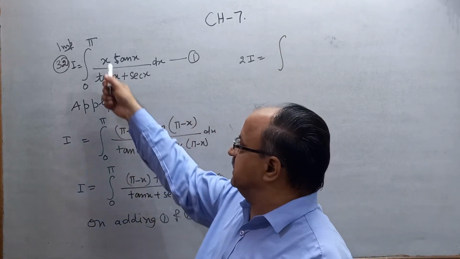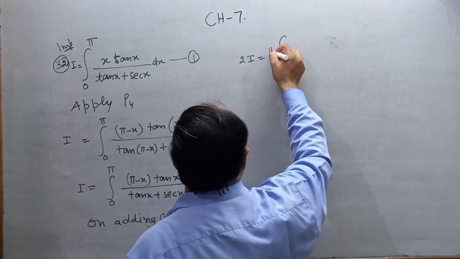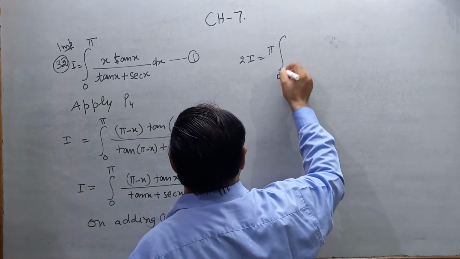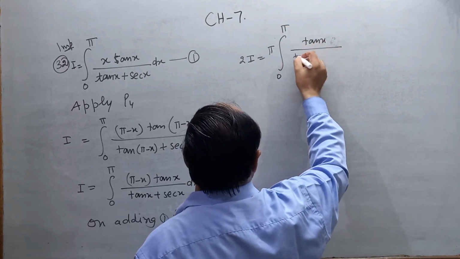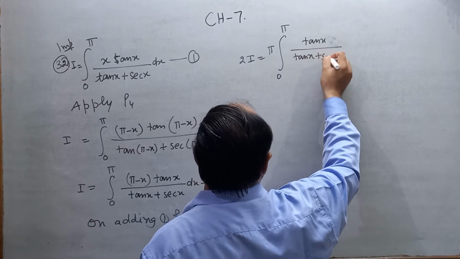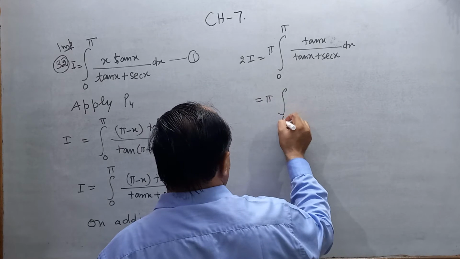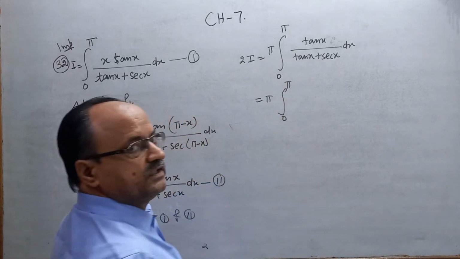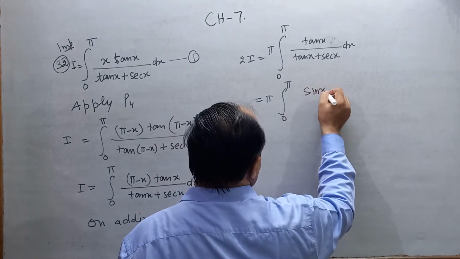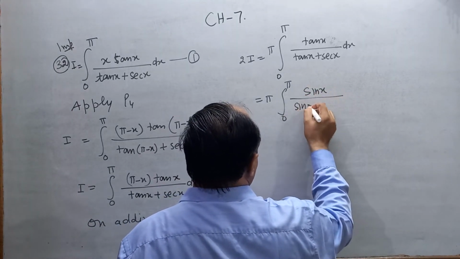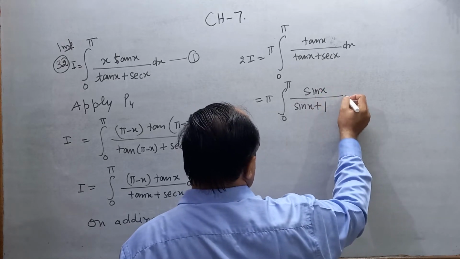Pi minus x plus x is pi only, you can write here, and limit 0 to pi, tan x upon (tan x plus sec x) dx. Now convert the question in the form of sine and cos. You can write here sin x upon (sin x plus 1) dx.